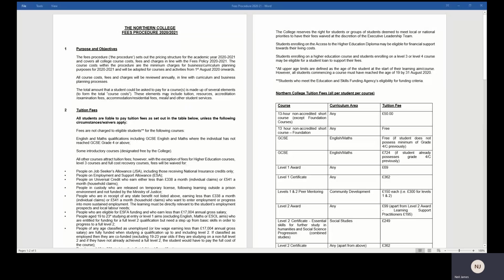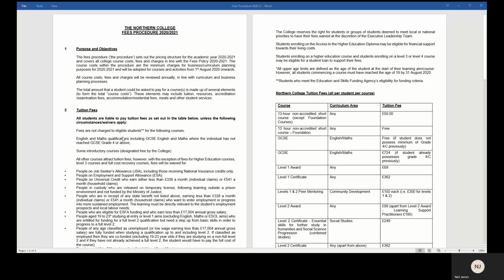Section 1, purpose and objectives, sets out the reason for doing this and what this document is in place for. It's basically to set out the pricing structure for this academic year, and it will be reviewed on an annual basis.